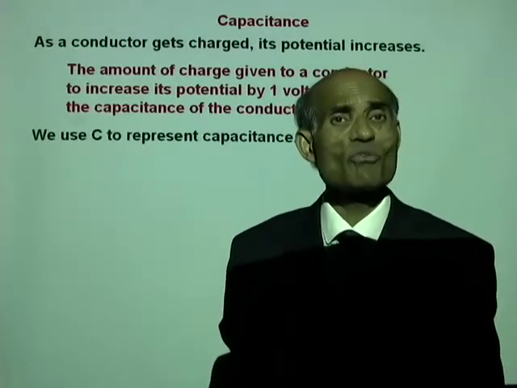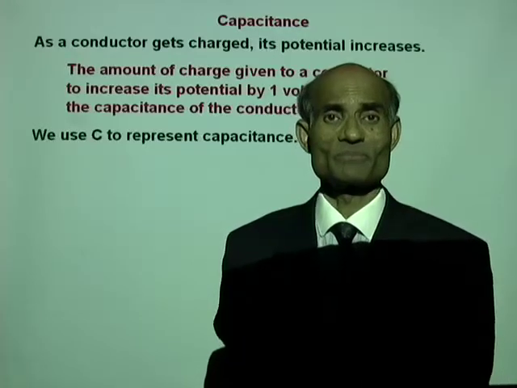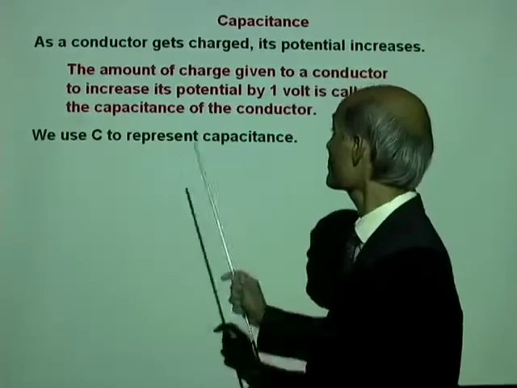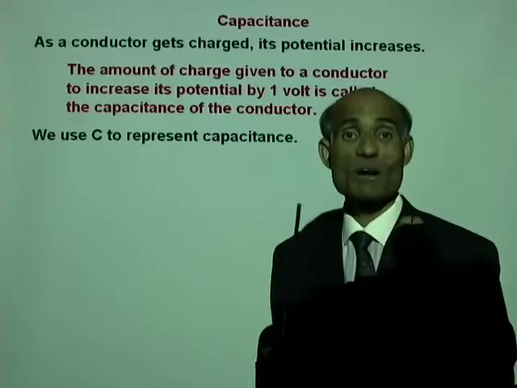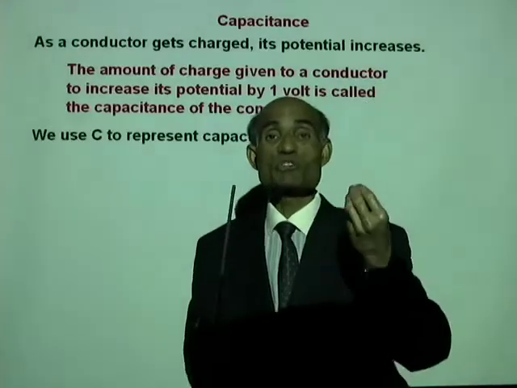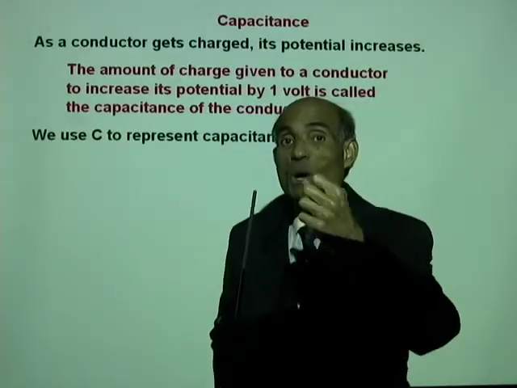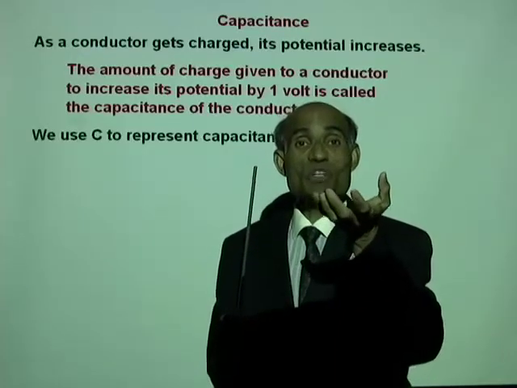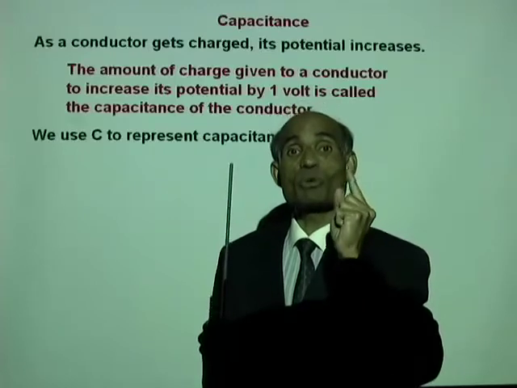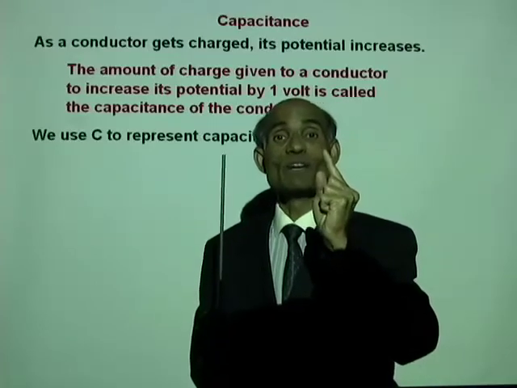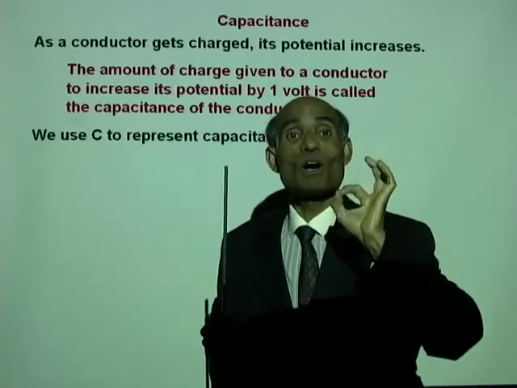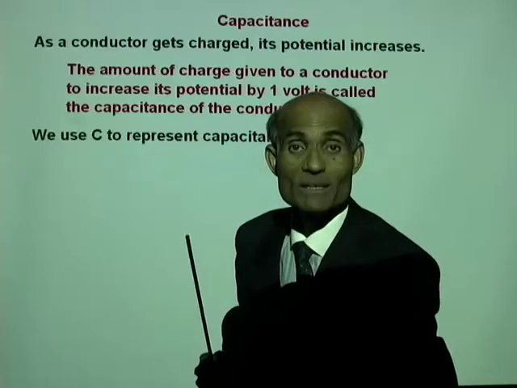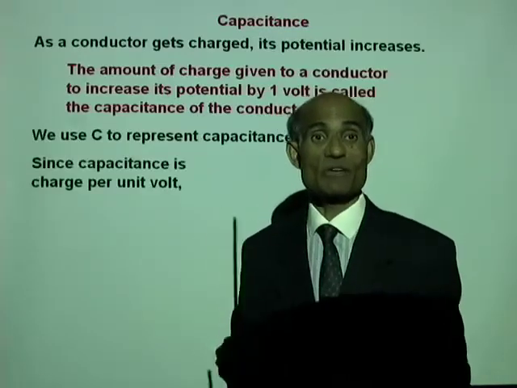Now, what is the unit for measuring capacitance? If you look at the definition, you can figure out the unit right away. It is the amount of charge per unit potential difference, the amount of charge needed to raise the potential by 1 volt. It is coulombs per volt. Is that right? That is the unit of capacitance.